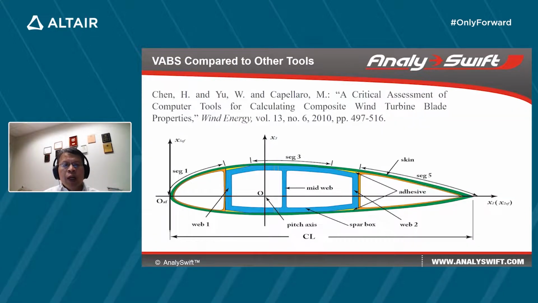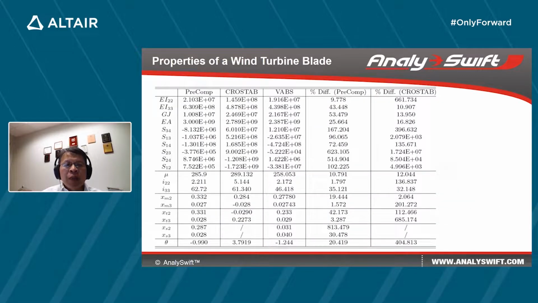And we have extensively validated VABS, not only in practical industry applications, but also in the literature. This is a critical assessment of computer tools for wind turbine blade modeling. We did this work more than 10 years ago, and we found that VABS consistently provides the best predictions for the complete sectional properties, not only the traditional beam constants, but also the elastic couplings and the offsets.